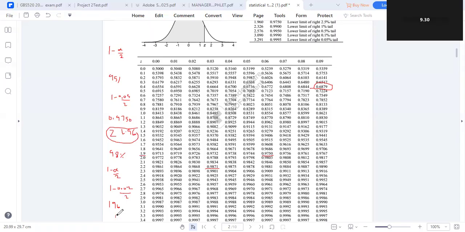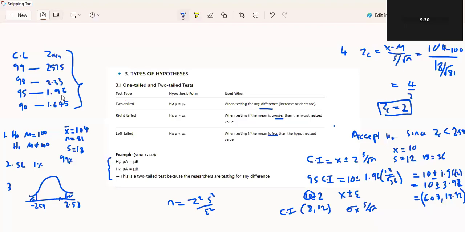You need to check for 0.99 inside the table. It will give us 2.33. If you don't find the exact one, you get the closest possible. So here, 0.99 is here, so it is 2.33. These are where the figures are coming from. I'll send you the video of how to read these things, but that's the shortcut of everything.